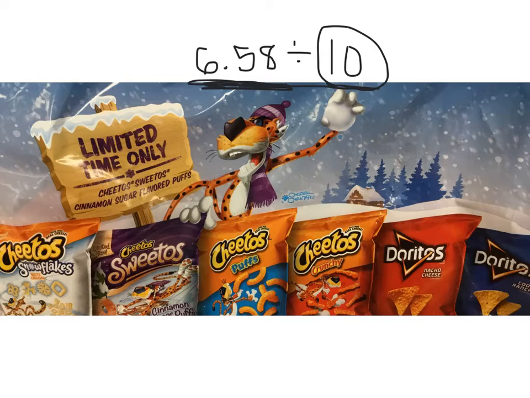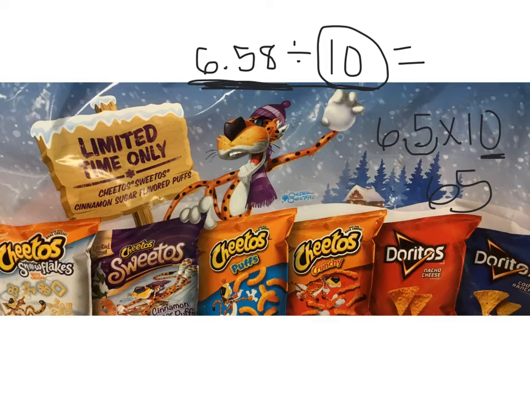Well, when we talked about this with multiplying, if I had 6.5 and I multiplied it by 10, I would count my number of zeros and I would move my decimal to make it bigger. So this would move one time to make 65. Well, the same is true when we divide, except we're not getting bigger anymore. This time we're getting smaller.